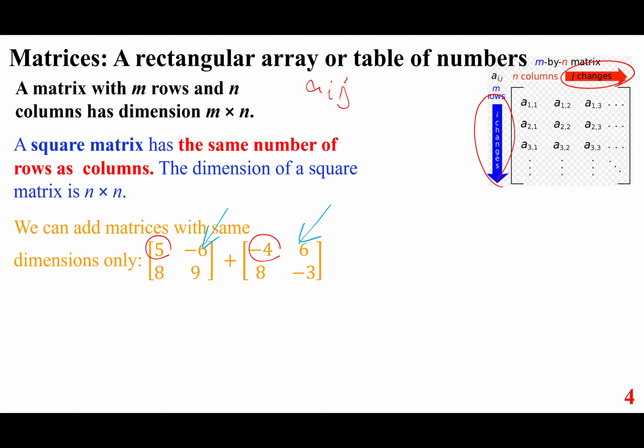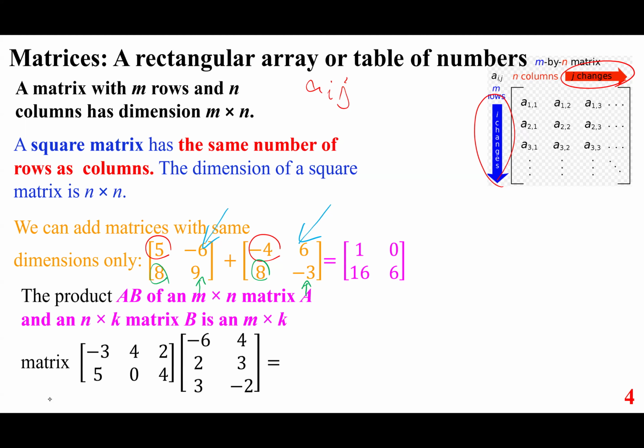And I get 0. These two, I add them up. I get 16. These two, I add them up. And I get 6. So the corresponding location, okay, they can be added.